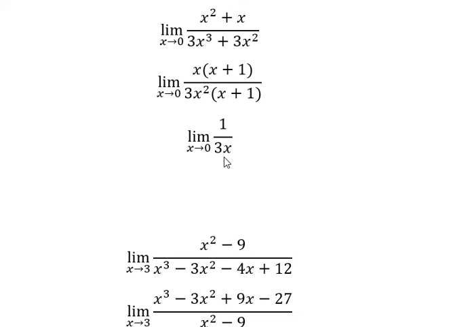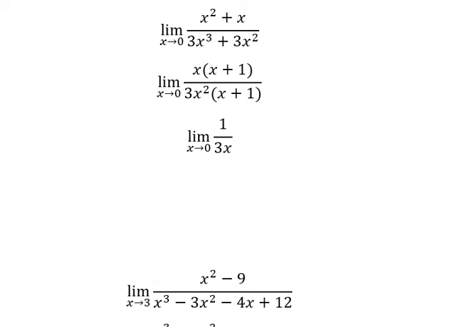So in this situation, when x approaches 0 from the right, you will go to positive infinity. When x approaches 0 on the left, you will get negative infinity. And this one, we have the limit for two sides in here.